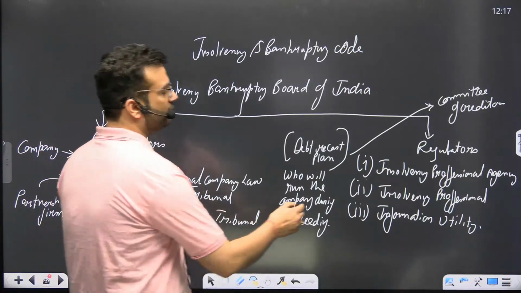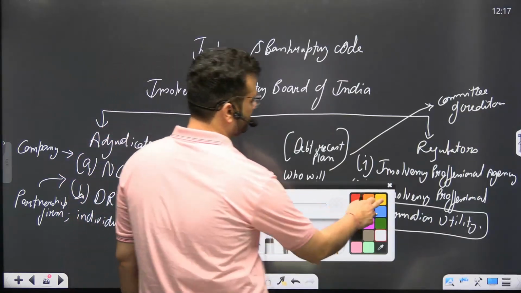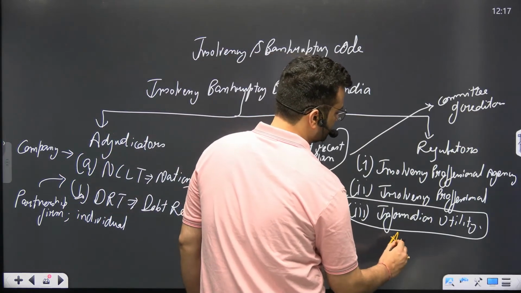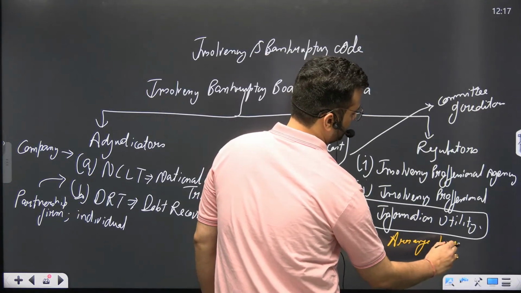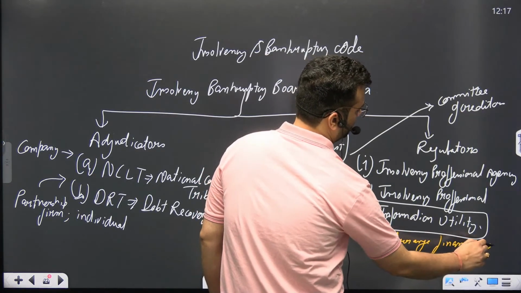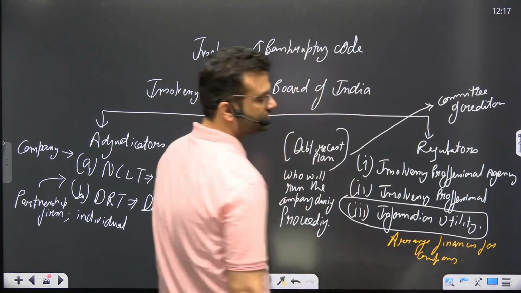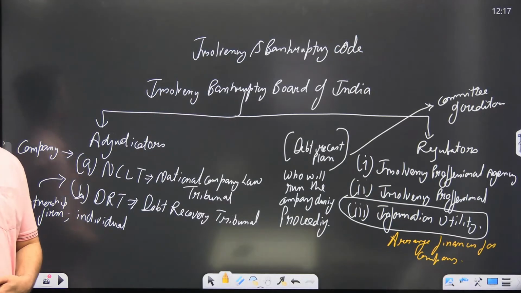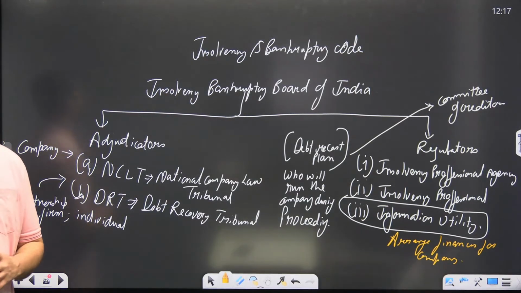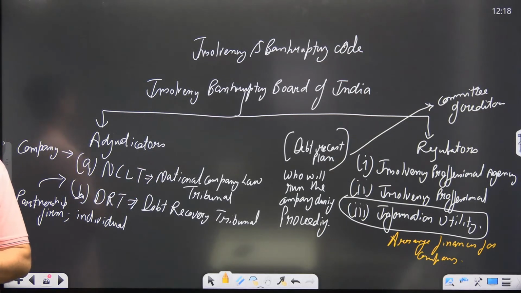Third is information utility. What will these information utilities do? Arrange finances for companies. How to arrange finances? What are the sources of finance through which we can generate money? This is the role of information utilities.